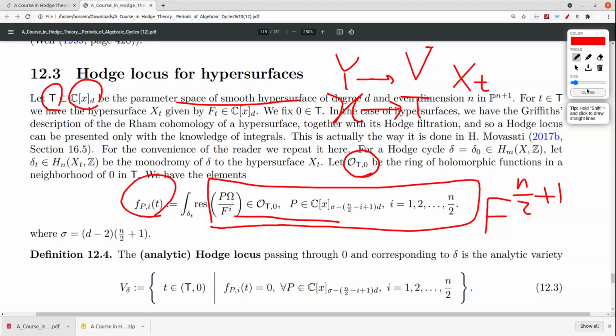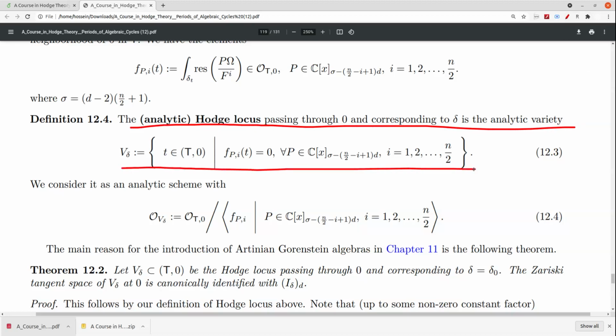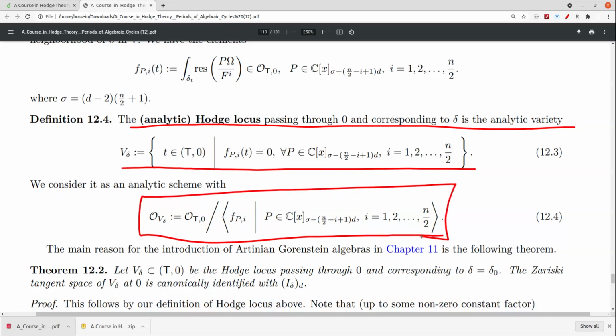So in this case, the analytic Hodge locus passing through the 0 point will be just the zero set of this one, and then if we consider it as a scheme, the ring of functions of our Hodge locus will be OT0 divided by this ideal.